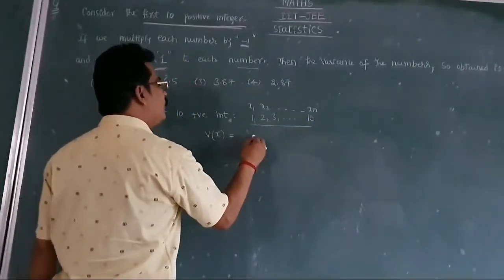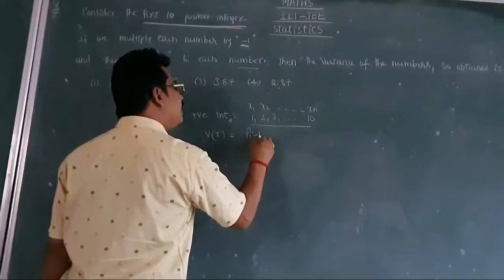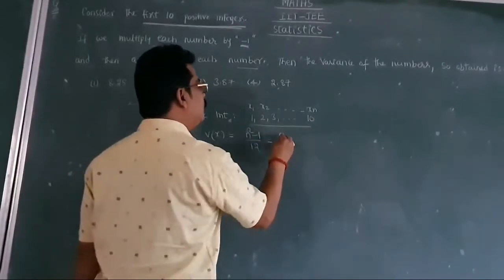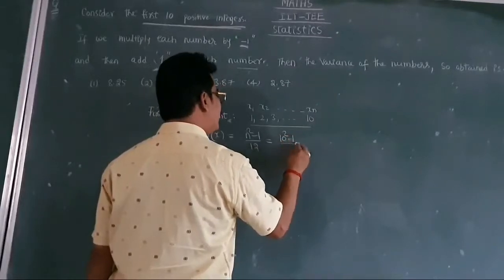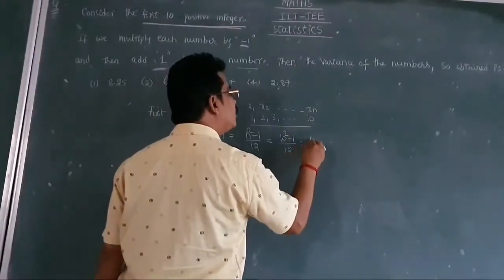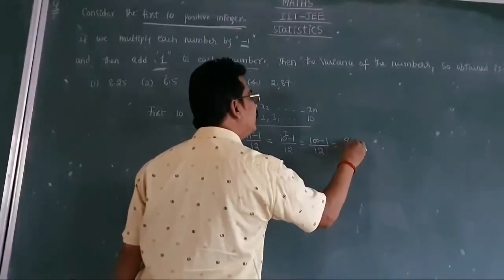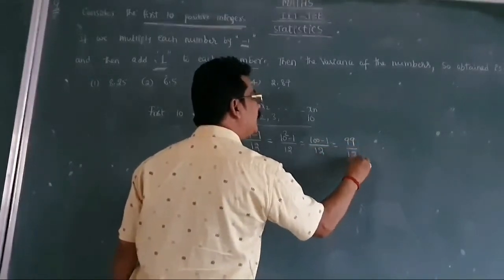These are the n natural numbers starting from 1 to 10. We have one beautiful formula, n square minus 1 by 12, where n equals 10. So this is 10 square minus 1 divided by 12, that is 100 minus 1 by 12, equal to 99 by 12.